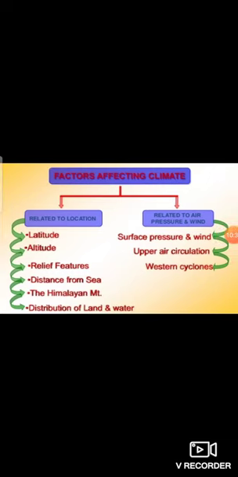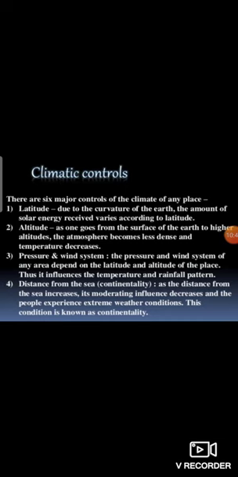Now, students, the factors affecting the climate are latitude, altitude, relief, distance from the sea, ocean currents. These all I explain to you in detail with examples. Now, due to the curvature of the earth, the amount of solar energy received varies according to the latitude.